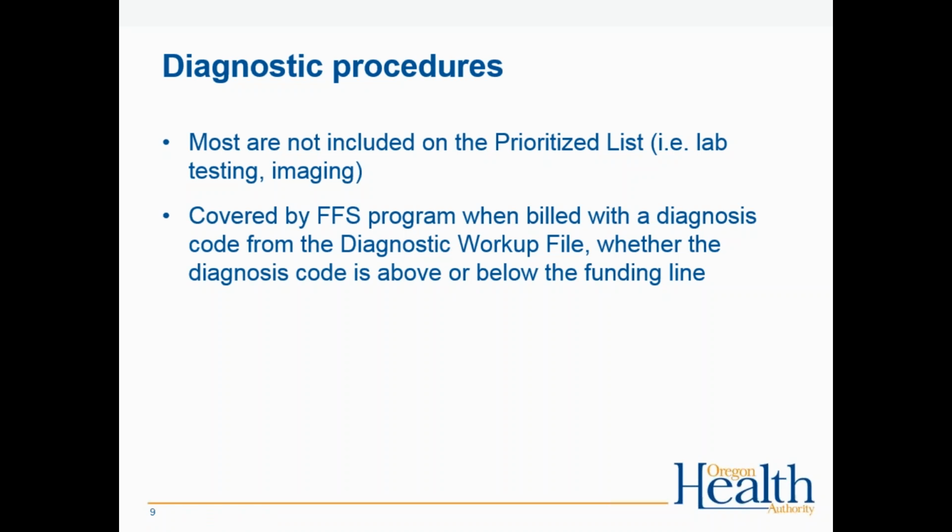So we are paying for diagnostic workup to rule in, rule out anything above or below the funding line, and also the diagnostic workup file is where we put conditions that are really not very well defined. So the code for nausea, one of the R codes that's just for nausea, we don't really know what's going on with this person, but they have this nausea that we need to investigate. You can bill the labs and office visits and imaging kinds of procedures if they're needed because it's in the diagnostic workup file. All right, thanks, Susan.